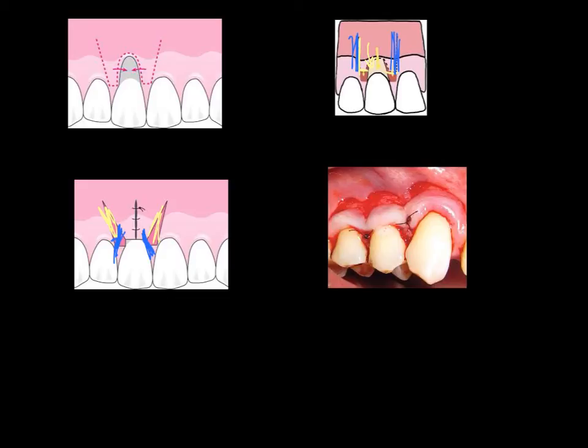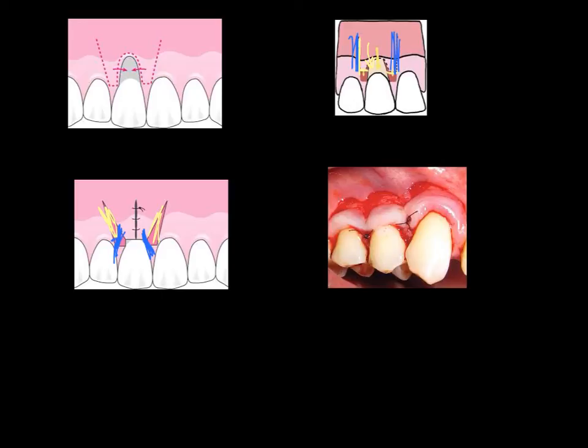A split thickness flap of even thickness is raised and extended beyond the mucogingival margin. The periosteum is released to allow freedom of movement of the flap.